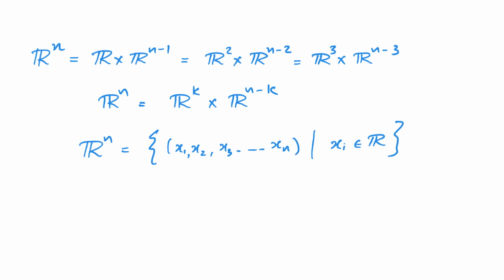Now this notation (x1, x2, x3, etc. up to xn) is called an n-tuple, where the n stands for the number of elements that we have. So Rn is a collection of n-tuples where each element in the tuple is a real number. And we will call these spaces Rn Euclidean spaces. And that is where the title of this video comes from.